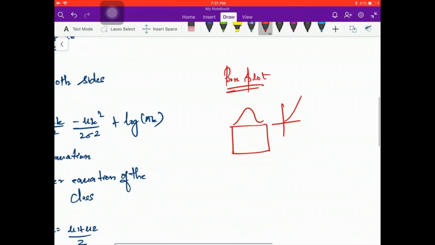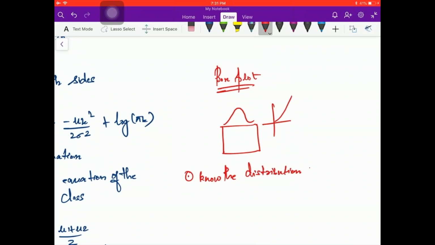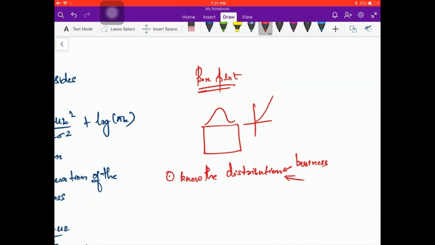The first thing is that you know the distribution, and that can be known from business knowledge or visually. But this is a tedious task, right?